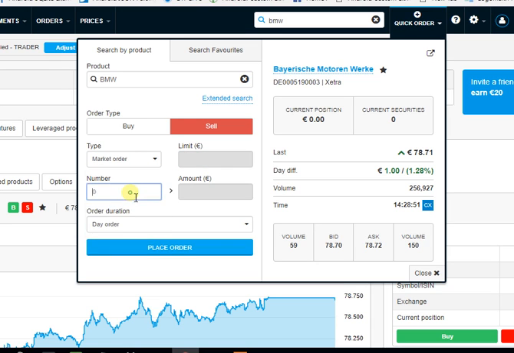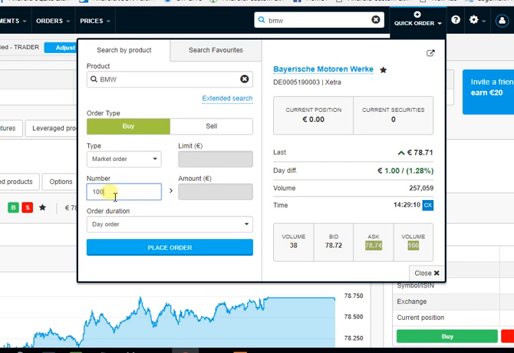Let's say I want to short them at the market order right now because I feel like this is gonna go down to 78. I put 100 shares, market order, sell, place the order. That's gonna reflect here as minus 100 shares, which means I've just shorted the shares. And if I want to take my profits at 78 after it has gone down, I go back, I click buy, and I put in 100.